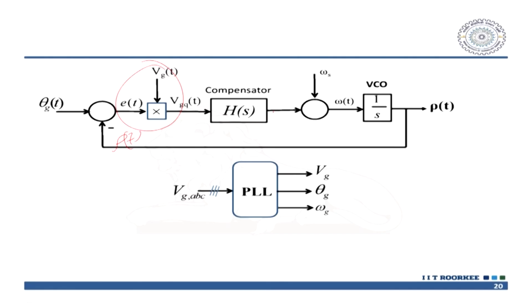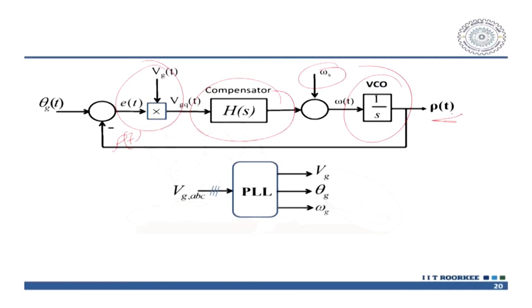So, the error is Et, that is the rho of t. You multiply Et with Vg of t, that gives you the q axis voltage, and you have a compensator that basically maps the voltage into the frequency. So, that error represents the voltage and you subtract the unit voltage template and feed it to the integrator, because I told you that if you integrate the frequency, you get the theta.